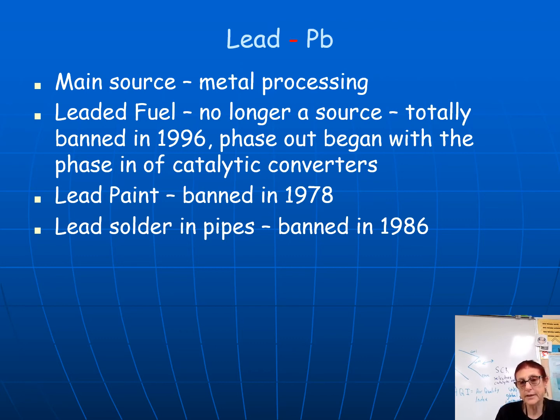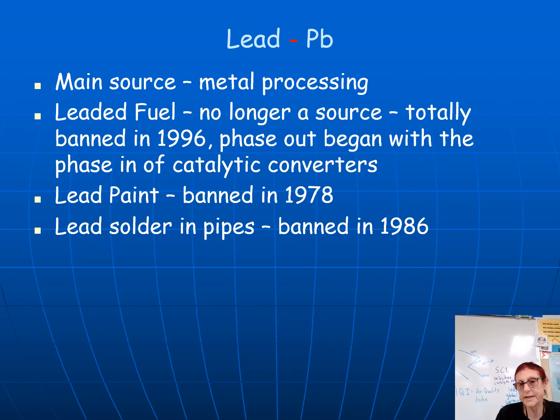But when they put catalytic converters into cars starting in the 1980s, they had to have fuel that did not have lead. If you remember from biology, heavy metals can poison a catalyst. They can stop your enzymes from working, and enzymes are really just biological catalysts.